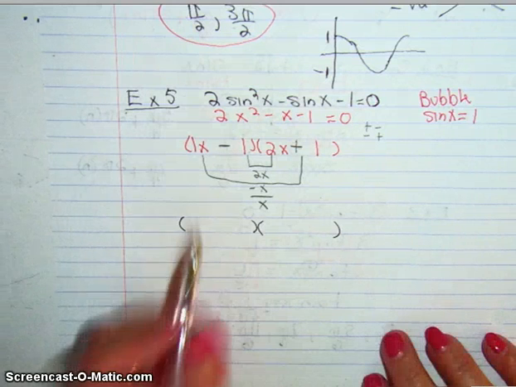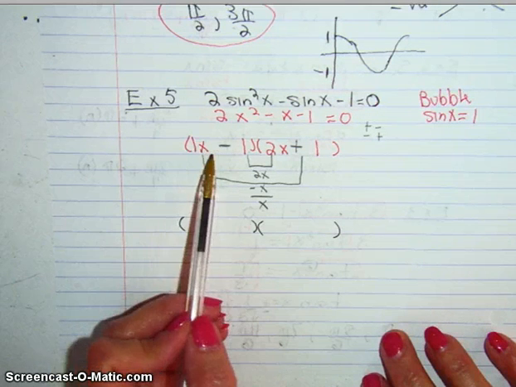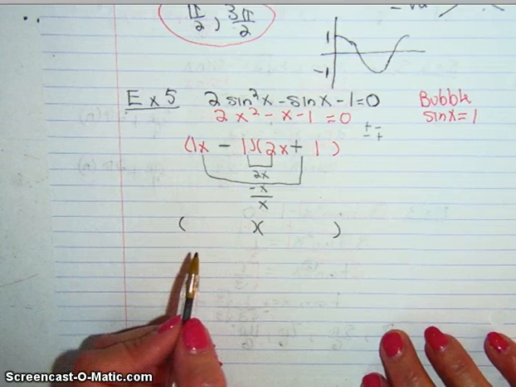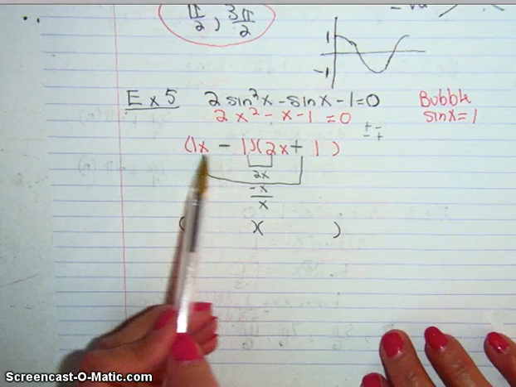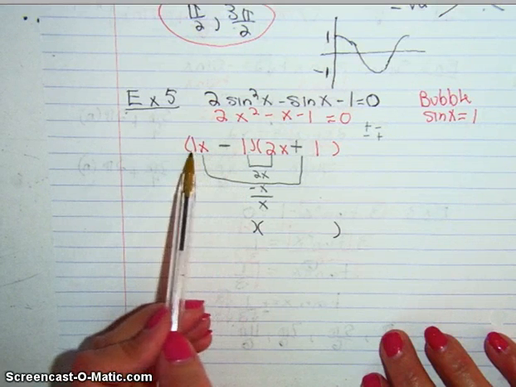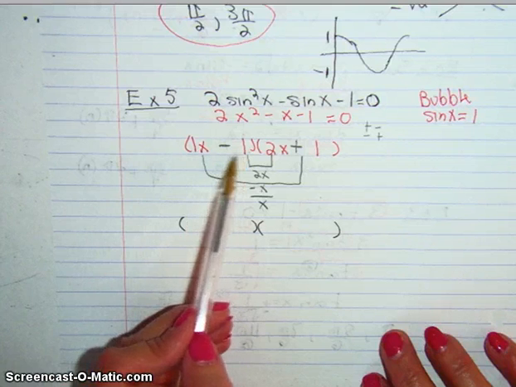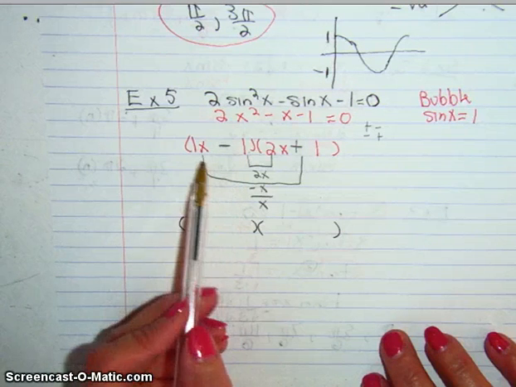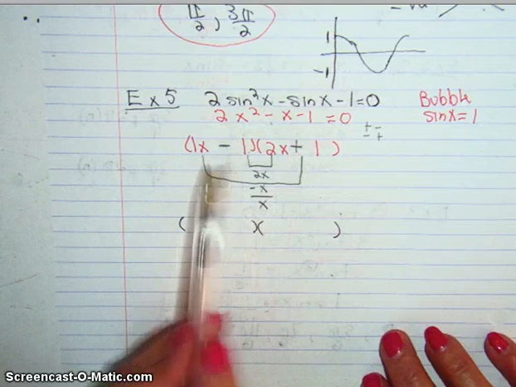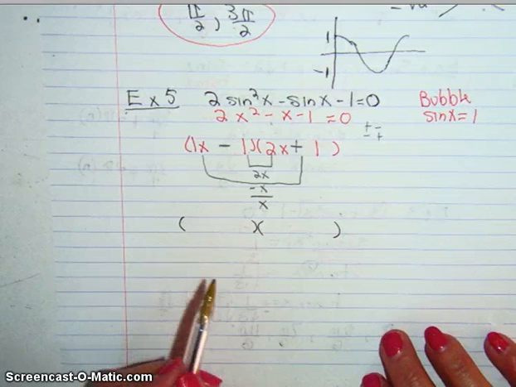Go ahead, Philip. Right here. Oh, okay. So it'd be sine x. Well, what do you want? I want these two bubbles with sines in them instead of just x's.